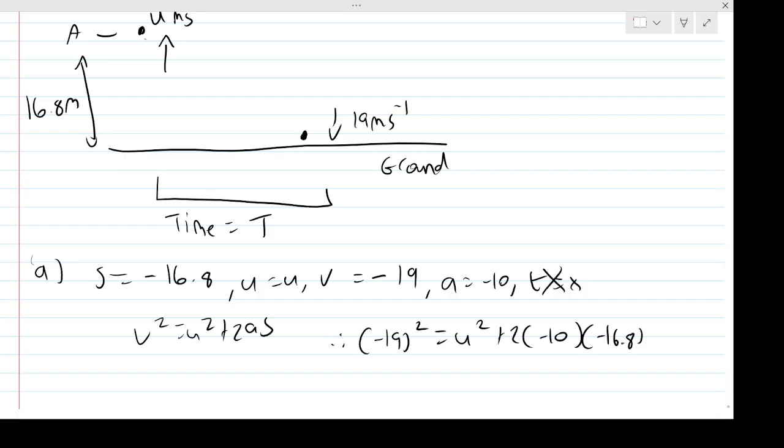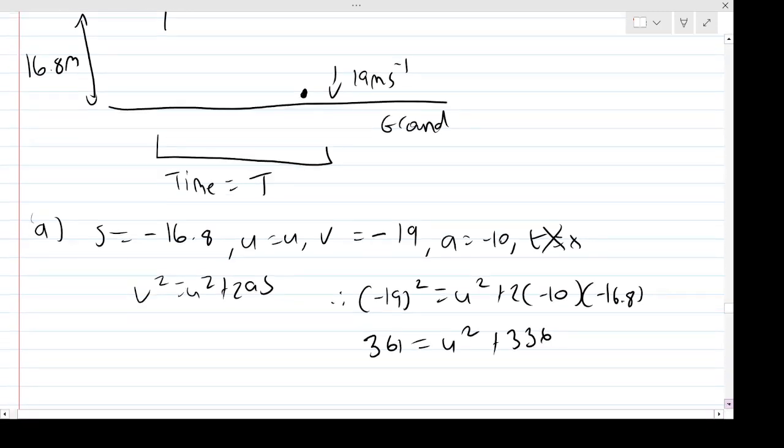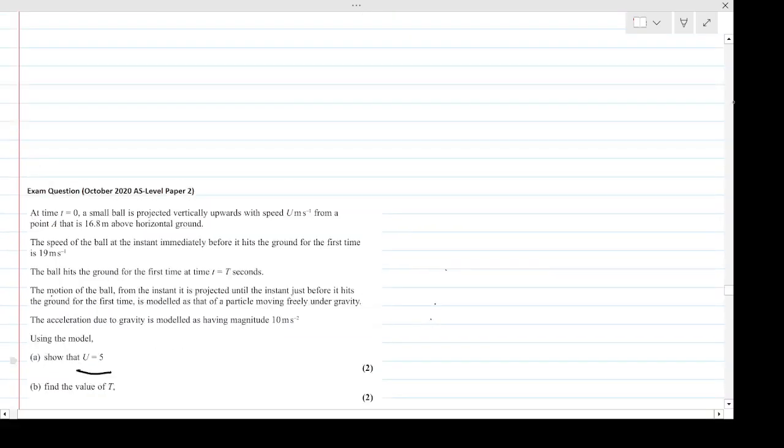So that would be 361 equals u squared, add 336. So if we take that away, we get u squared is 361 take away 336, which is 25. So therefore u is just 5. And there we are. We've shown that u is 5 there.